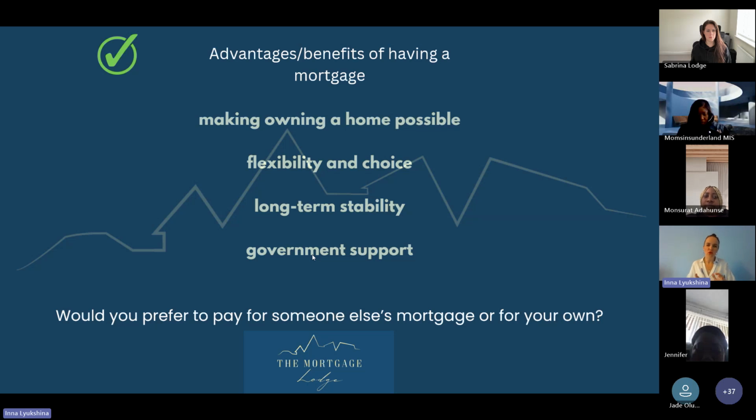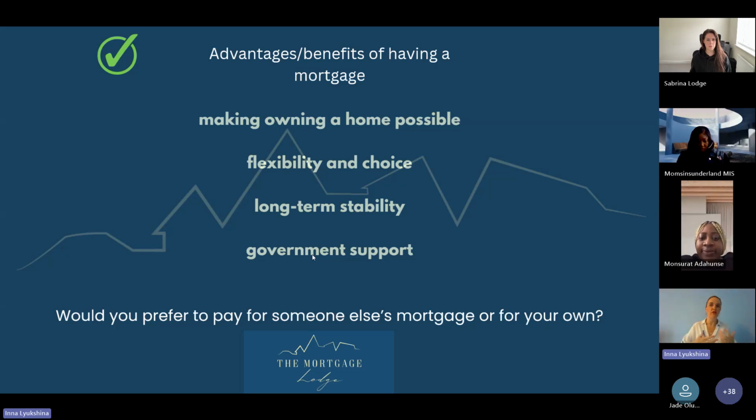Now, there are also various mortgages for first-time buyers, for landlords, for different categories of clients and people. And again, that provides you with enough flexibility to go ahead with the mortgage that is right for your specific case.